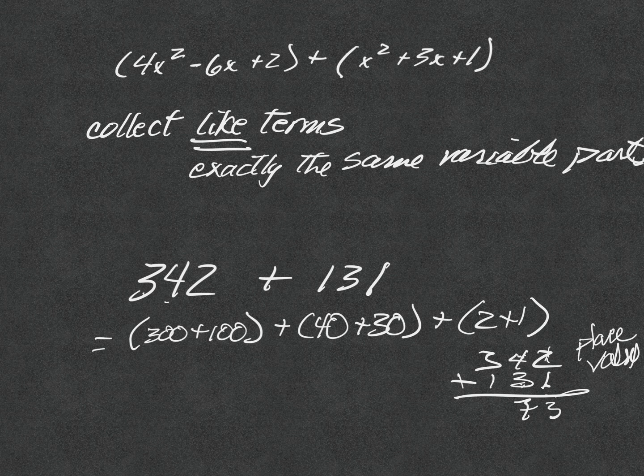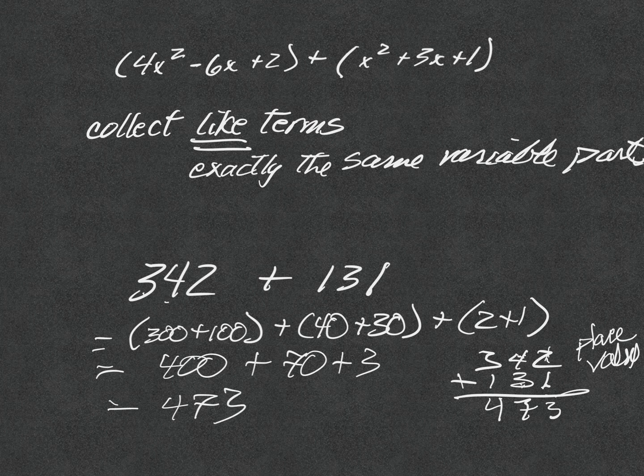And 300 and 100 gives us 400. In the same way here, we get 400 plus 7 tens, 70, plus 3 ones, 3, and we get the same answer, 473. So this is common knowledge about addition: addition is really adding single digits but keeping track of the place value. That's what collecting like terms is.